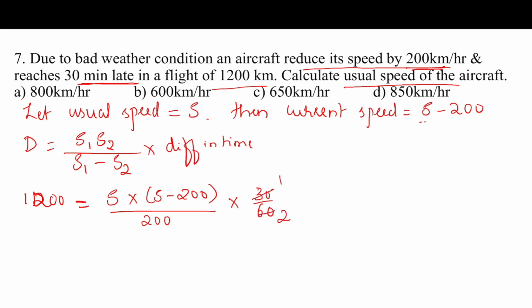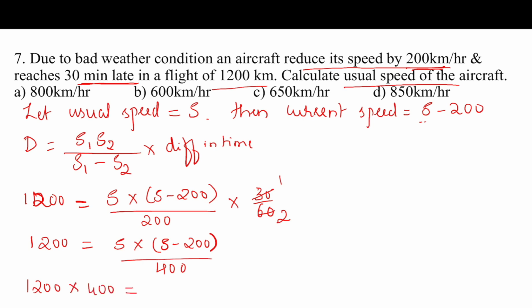So it is 30 ones are 30, 2s are 60, so this 200 will go this side, 2 into 200 is 400. Wait, we'll do one more step. So it is s into s minus 200, divided by 400, 200 into 2. So it is 1200 into 400, which is equal to s into s minus 200.